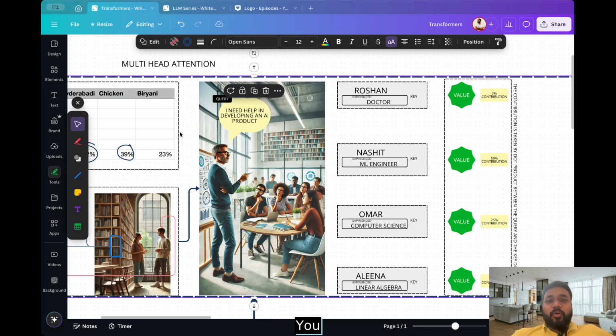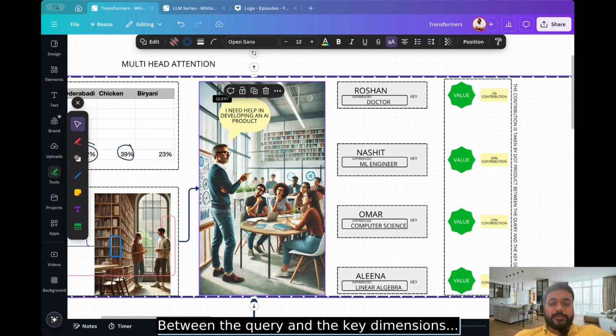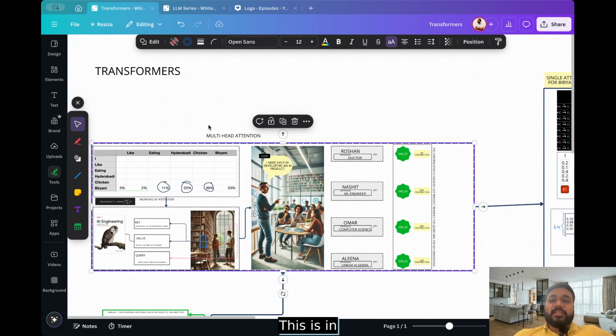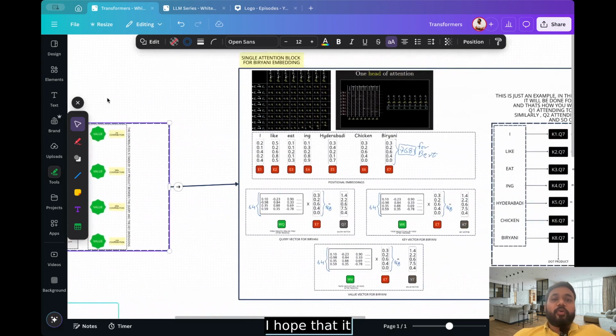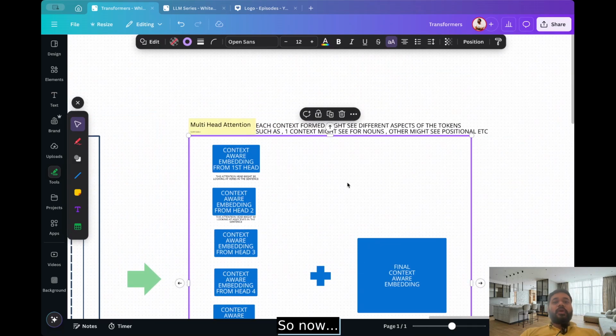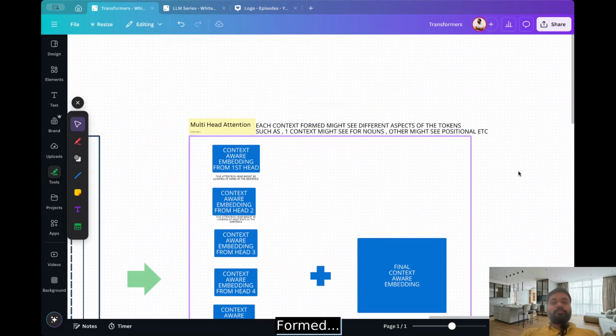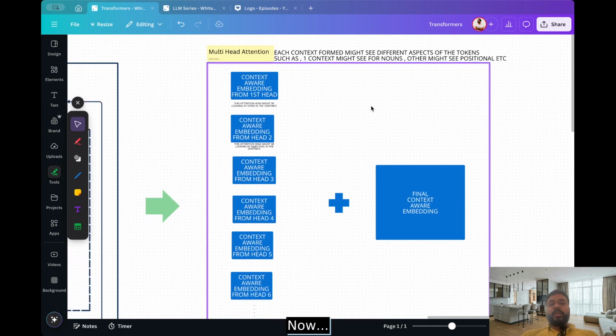So this is how you will have a query, key, and value pair, where the percentage contribution to the value is taken by the dot product between the query and the key dimensions itself. So this is how the entire multi-head attention works. I hope that it is clear. So now each context formed might see different aspects of the tokens, such as one might see nouns, the other might see positions, and so on.